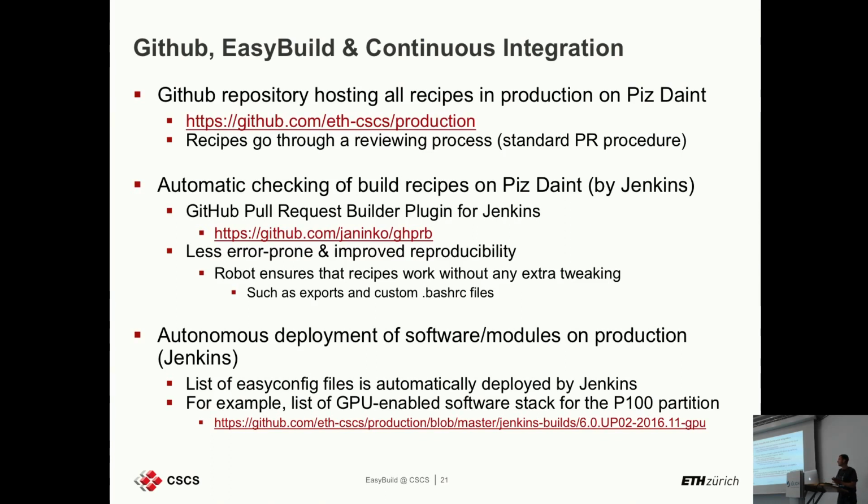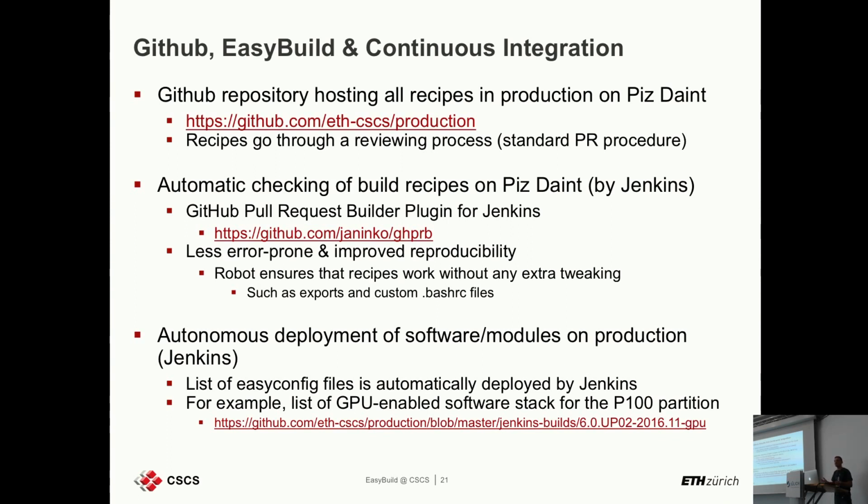On top of that, we have automatic checking of the build recipes, meaning that we have a plugin from Jenkins that checks every commit or every push on an open pull request to see if the recipe is working on PITSDYNT. This is a pilot project on PITSDYNT that we want to use on other systems also.